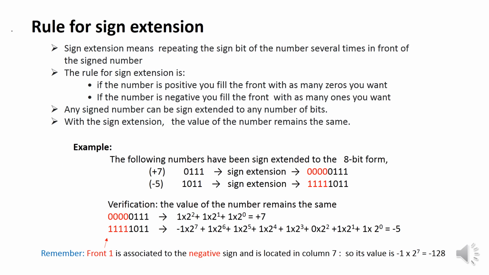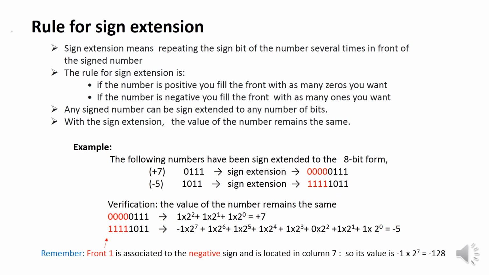Example: here, plus 7, which is 0111, has been sign extended to the 8-bit form. For this, we have added 4 zeros in front. And here, minus 5, which is 1011, has been sign extended to the 8-bit form.